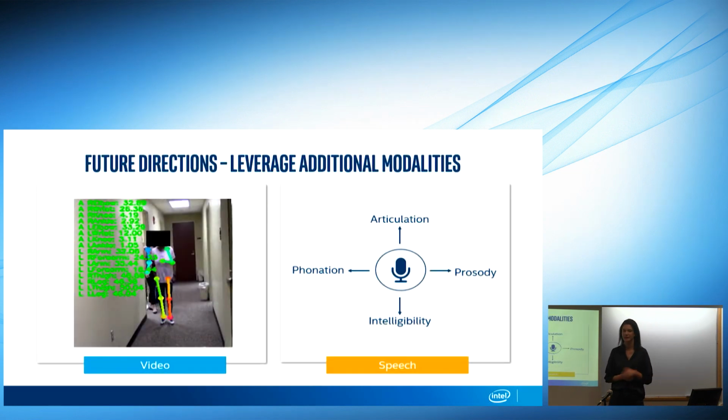Before concluding and opening for questions, I do want to share some future directions on how additional symptoms can be used in order to objectively quantify. So at the left side, we can see some proof of concept work that we have done using video. As I mentioned at the beginning, gait, walking, is something that is very impacted for Parkinson's disease patients.